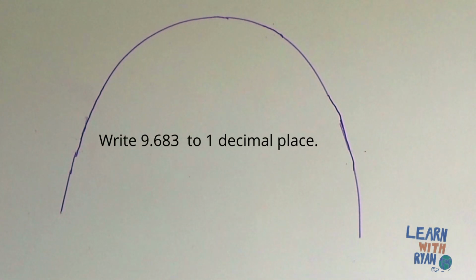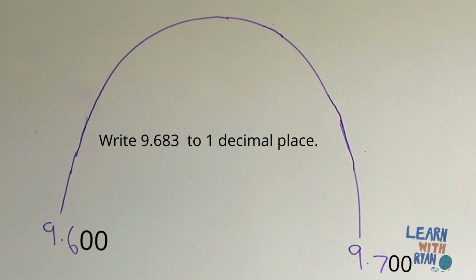Here's another example. Suppose we want to write the number 9.683 to 1 decimal place. So in other words, we need to ask ourselves, is this number closer to 9.6 or is it closer to 9.7? Well, where's 9.683 going on our diagram? Well, if it helps you, maybe add a couple of zeros at the end of 9.6 and at the end of 9.7.